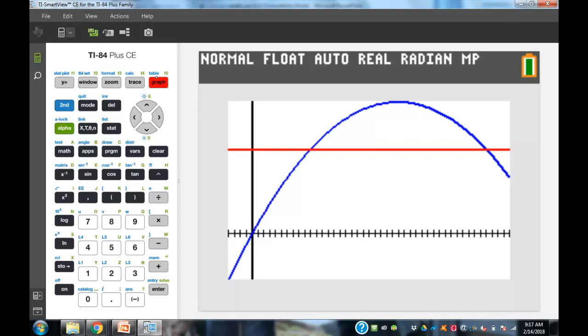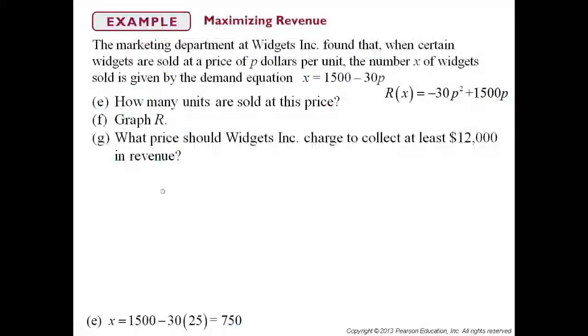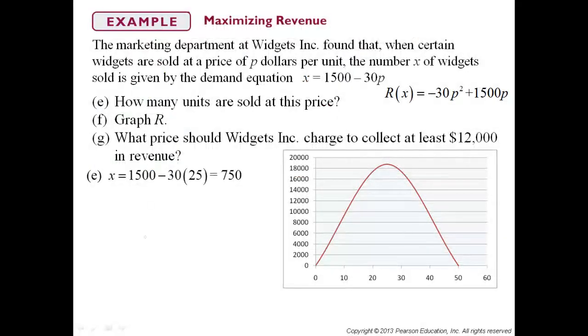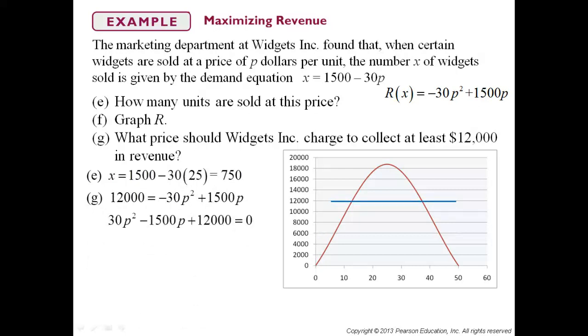So you would set that equation equal to 12,000 and solve it. Here we've got the graph. Their window's a little different than ours. They did it with Excel, but set that equation equal to 12,000 and get it equal to 0. They're using factoring because 30 goes into all of those.